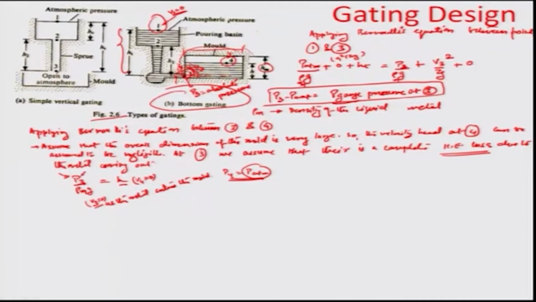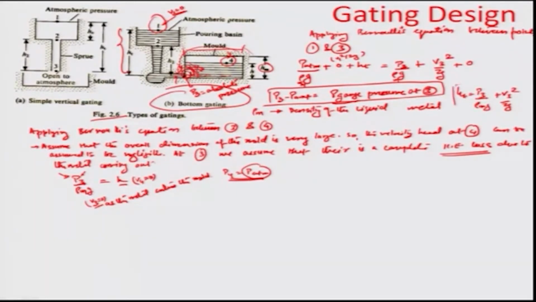I will call that P 3, okay, because we are now getting a baseline of P atmosphere and neglecting the P atmosphere everywhere, like just we did in the past here, where we talked about this particular equation here, H t equal to P 3 by rho m g plus V 3 square by 2 g. Okay.